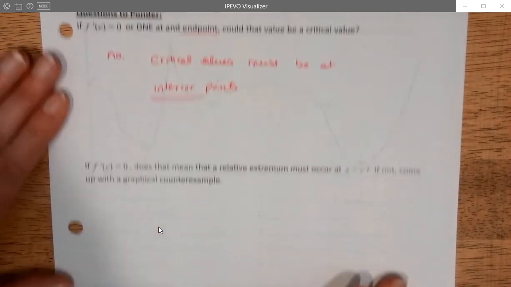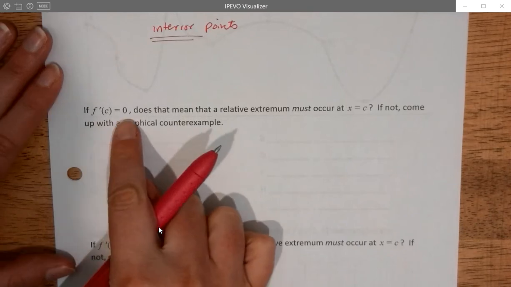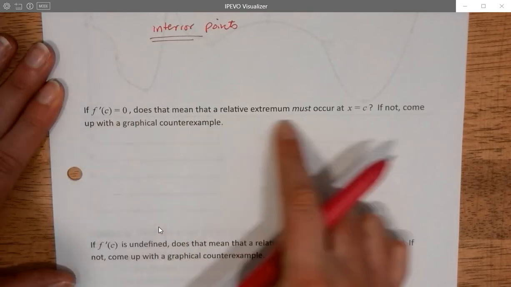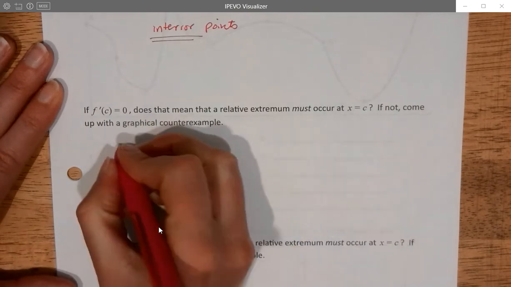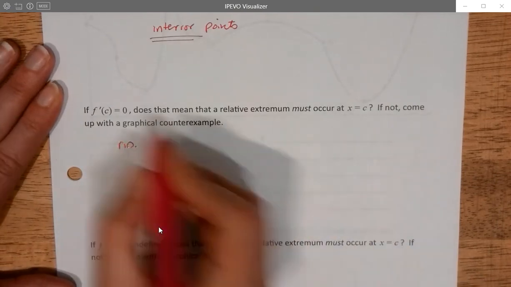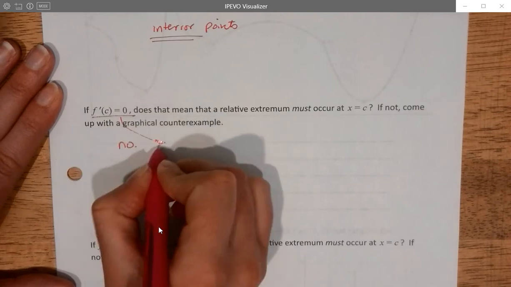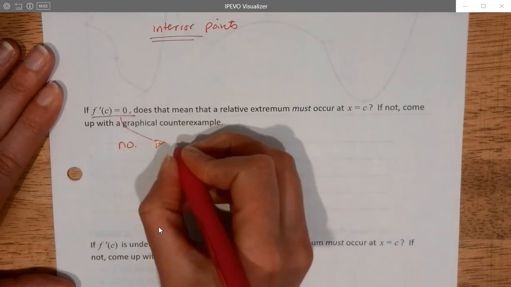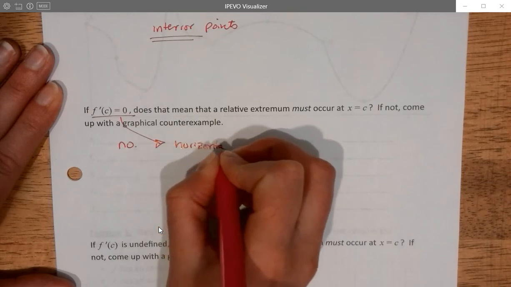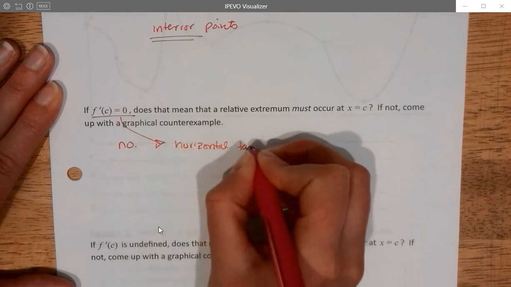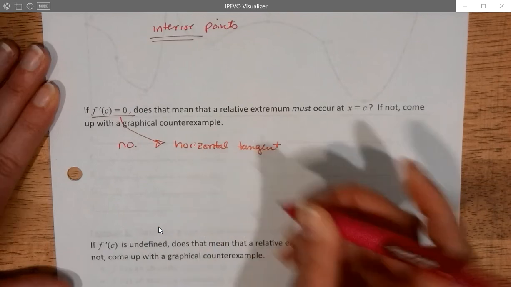Second question. If the derivative is equal to 0, does that mean that a relative extrema must occur? If not, come up with a graphical counterexample. No. So, the derivative equals 0 means graphically that you have a horizontal tangent. But does that mean that you must be an extrema?